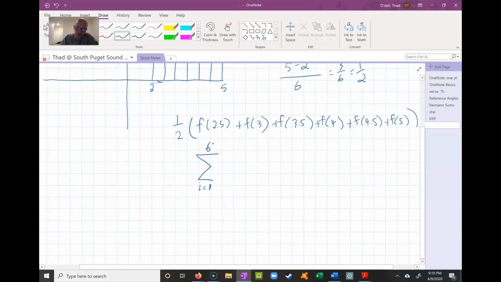Now, what are we going to do with this? We're going to take 1/2 times something, because it'll always be 1/2 times. Basically what we're going to do is set up a generic version of one of these areas. And so we know that it's 1/2 times f of something, right? So this would be f of, and then the question is, f of what? Well, we know that we're adding 1/2 each time to go from there to there to there, and we have to start at 2. So if we start out with a 2, and then we're just going to add i over 2.